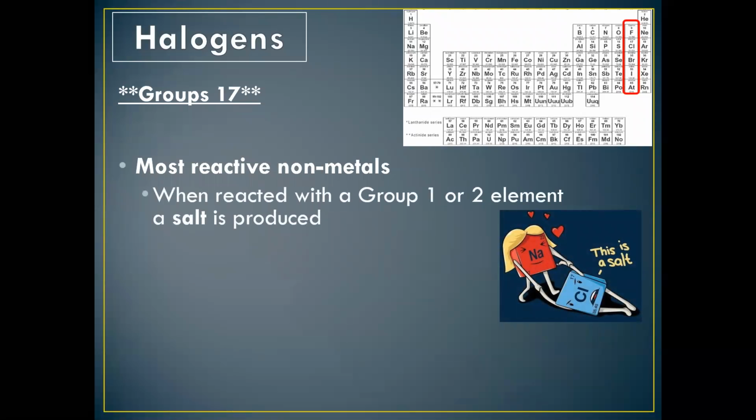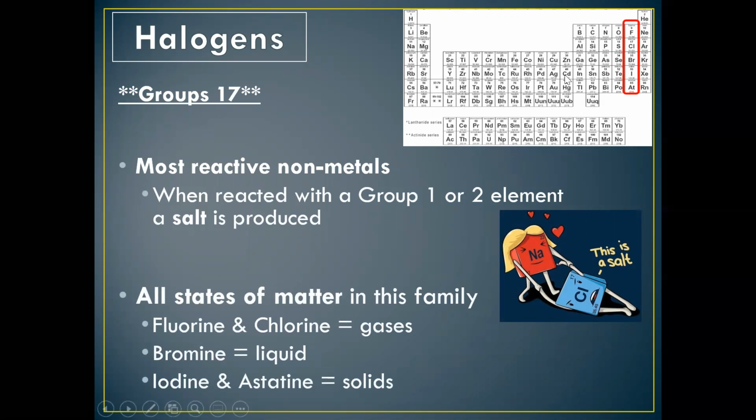And when you combine a halogen with a group 1 or a group 2 element, you get what we call a salt. This is supposed to be a little bit of a pun. It's Na, which is a group 1 metal, and Cl, which is a halogen, and they combine to form table salt, which is just one type of salt. So a halogen plus a group 1 or 2 metal produces a salt.